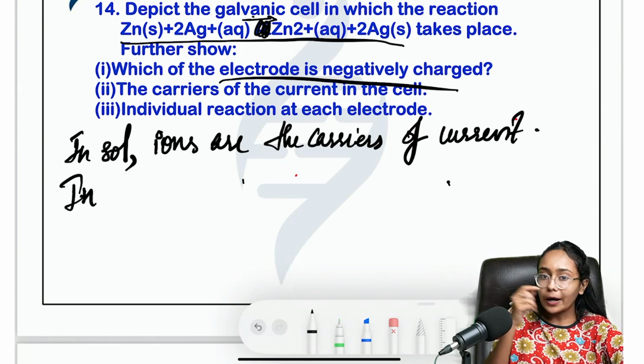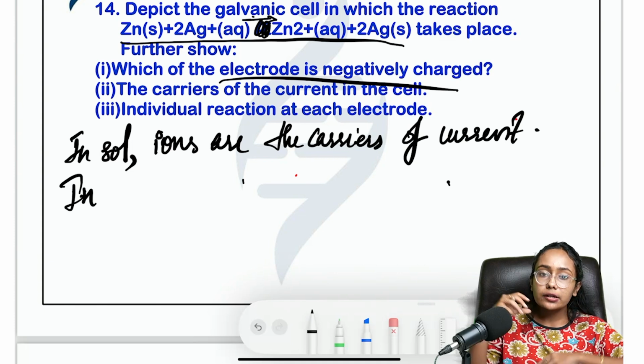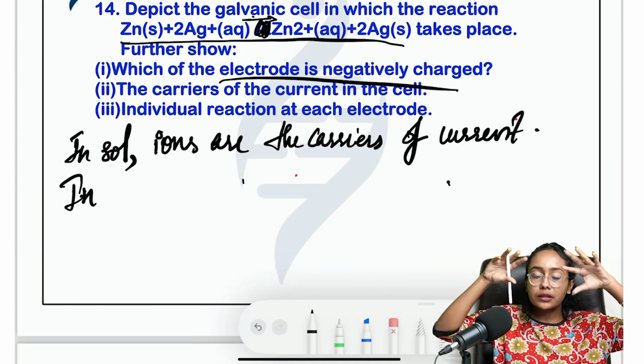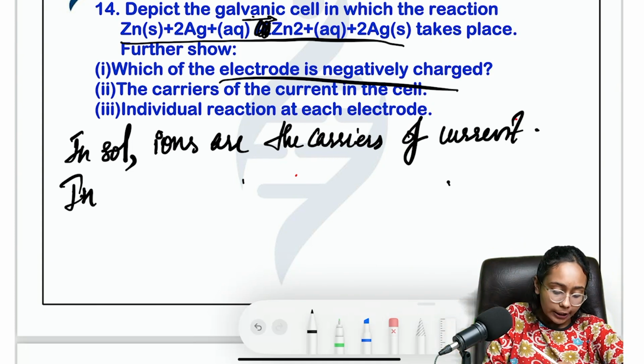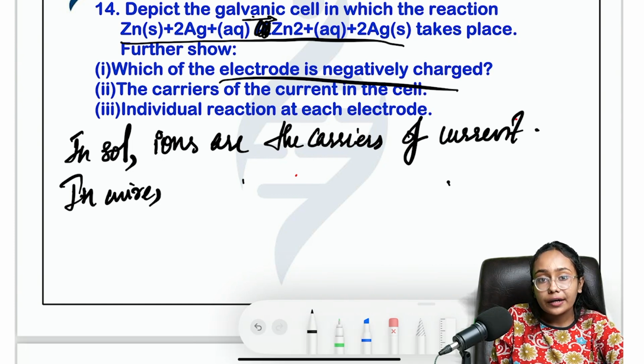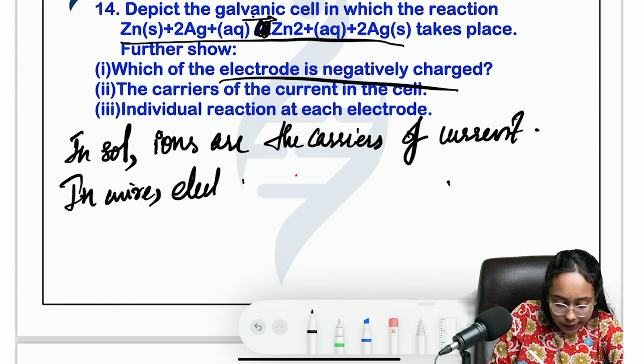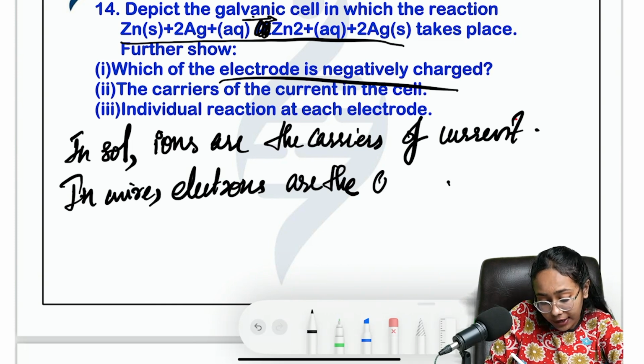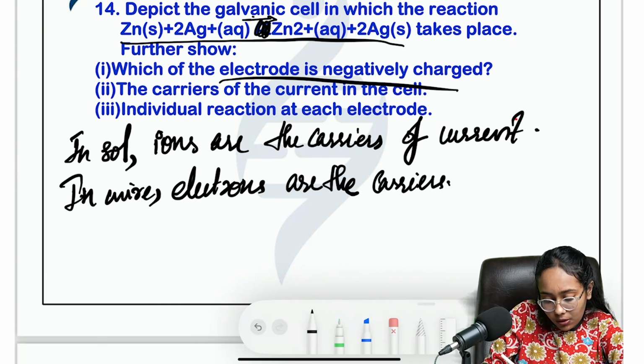In the conducting wire or the connection wires from the electrode to voltmeter or from electrode to galvanometer, in that wire, ions are not the carriers of current, but electrons are the carriers of current.